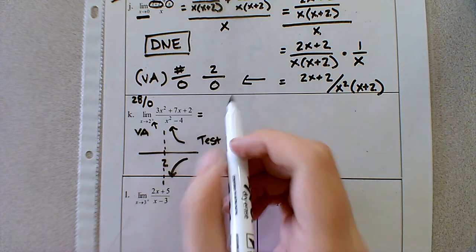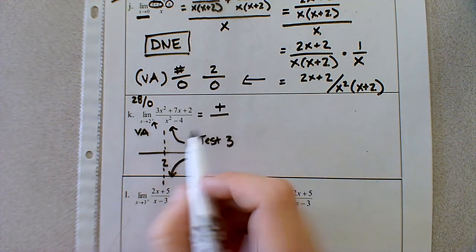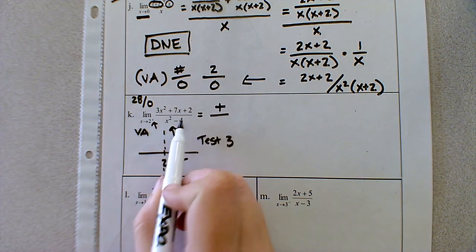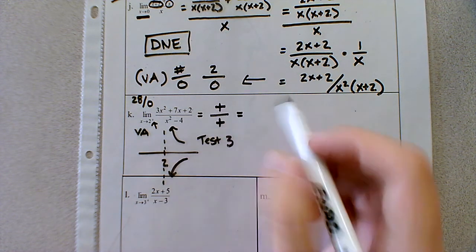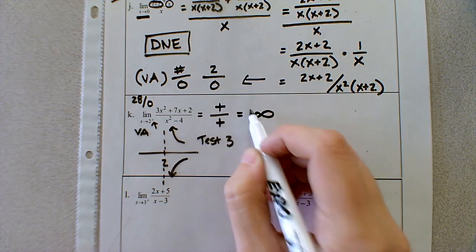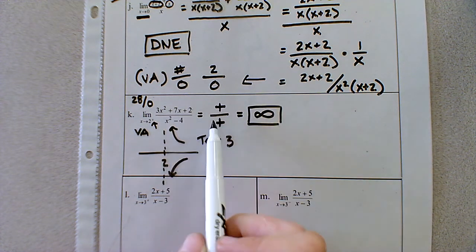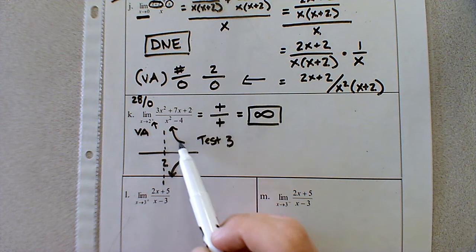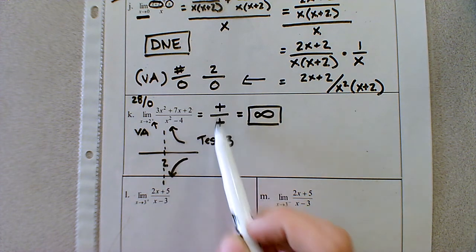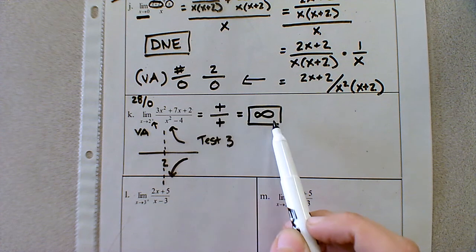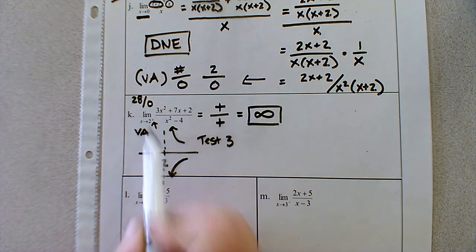If I add all those numbers together, I'm definitely going to get a positive number. If I plug in 3 on the bottom, 9 minus 4 is also positive, and a positive divided by a positive is a positive, so we're going to be going up on the right-hand side. Again, I'm not really concerned with the numbered value because in terms of a vertical asymptote, I'm either going up forever or down forever. I just need to take a look at those signs to help me figure out, is it a positive infinity or a negative infinity? Okay, so we're going up on the right-hand side.